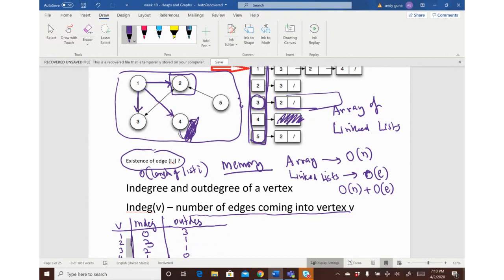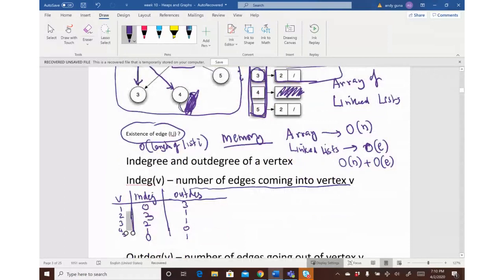So if you are important, people are going to put a link to your web page. So in this web map, 2 has 3 links coming in. So 2 is important. So the most important thing is the in degree. The highest in degree gives you the most important web page.